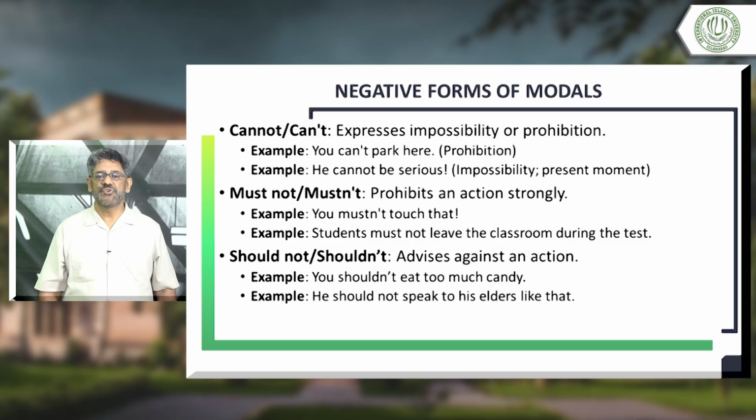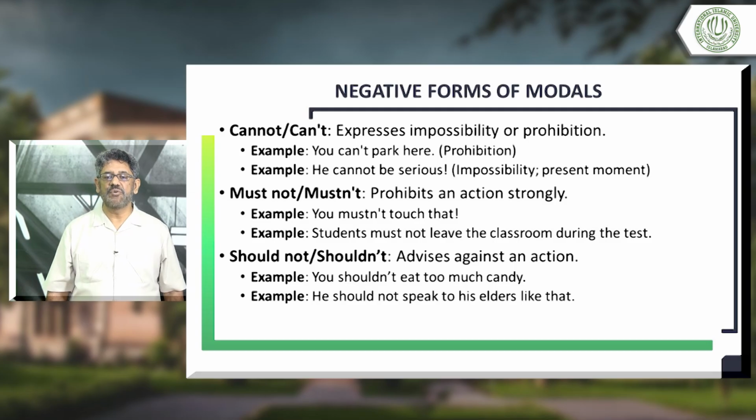Okay? Should not, shouldn't. Advises against an action. You are stopping somebody from doing something. See how? You shouldn't eat too much candy. Advising against. Then he should not speak to his elders like that.